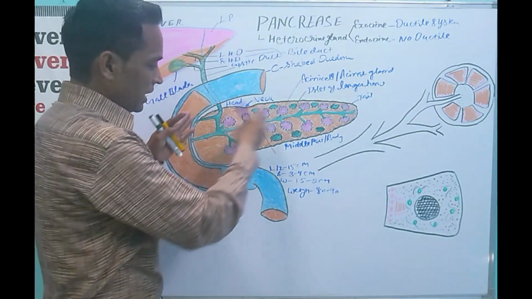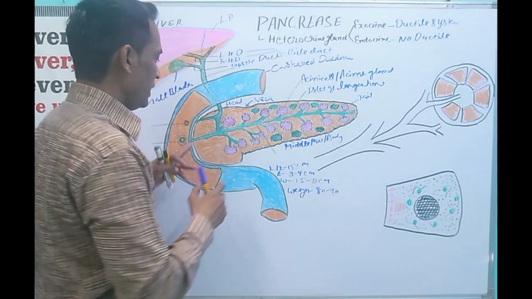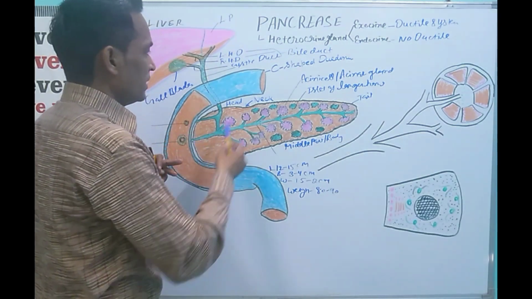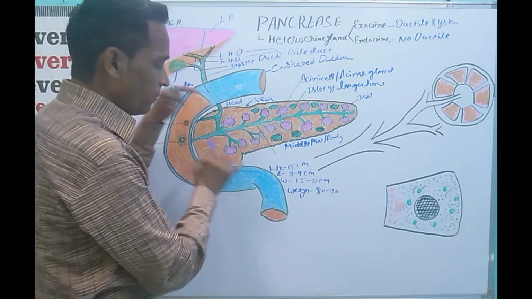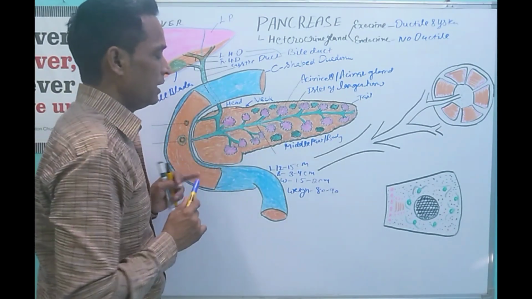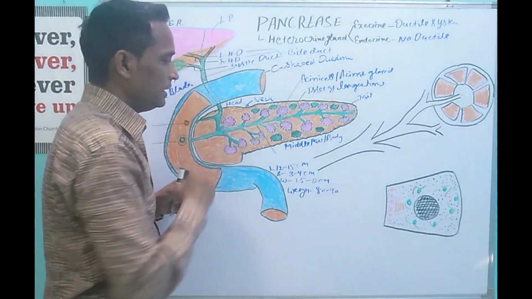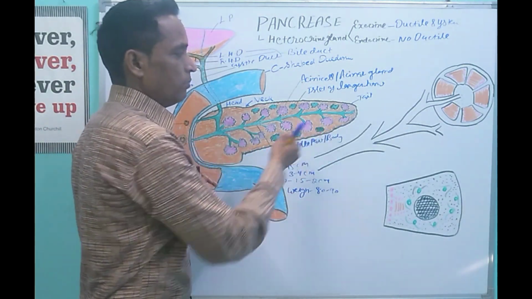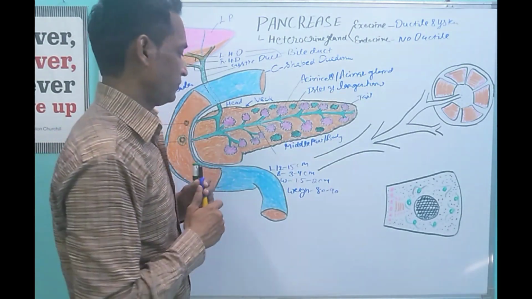And we see that the pancreas is a leaf-like structure that lies between the C-shaped duodenum. The wider part of the pancreas is known as the head, and the narrow constricted part is known as the neck. The middle part is known as the body, and the ending part is known as the tail.